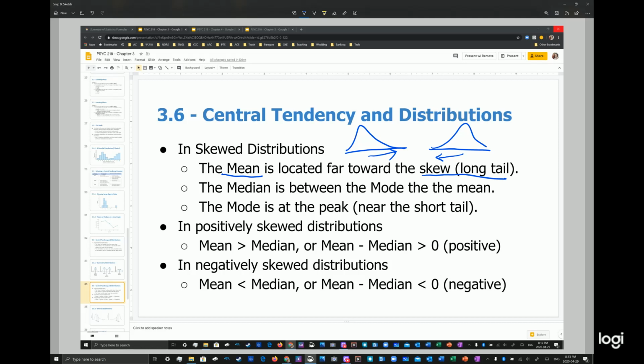Positive skew means the average would move towards the right. I'm going to use average here because I'm using too many means. If the distribution is negative skew, the mean would move to the left. The median, another way to help you remember this word, is that it's going to be in the middle, in between the mode and the mean. The mode doesn't really move at all. The mode stays at the peak where it is.